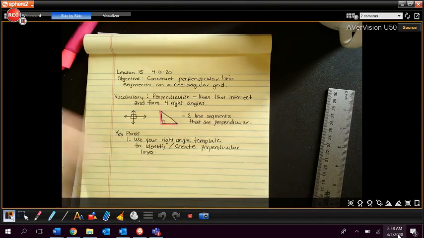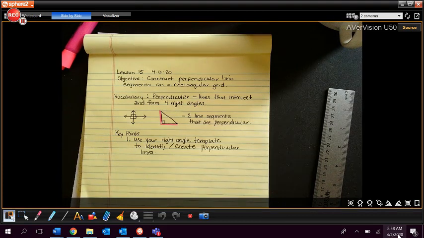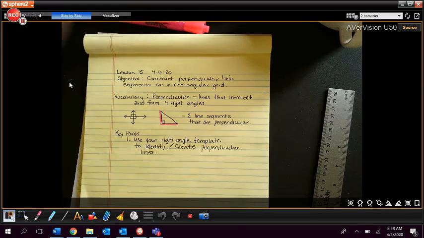So in today's lesson, we will have to identify and we will have to create perpendicular lines. If I'm going a little fast, you may pause the video to finish writing your notes.